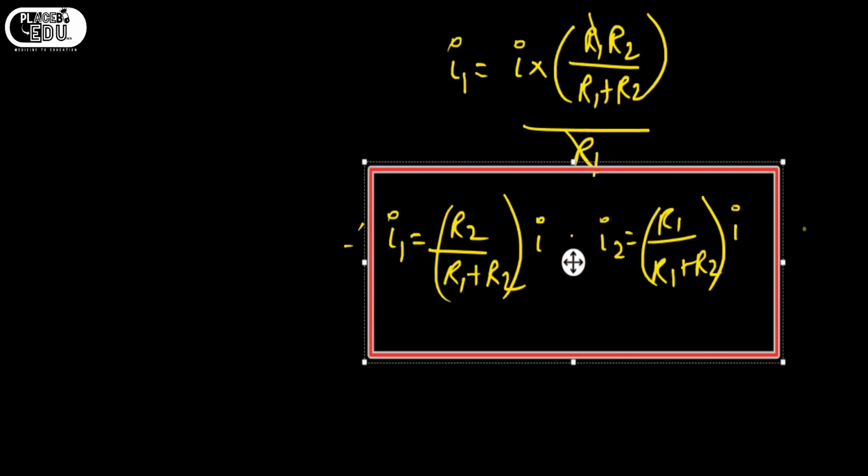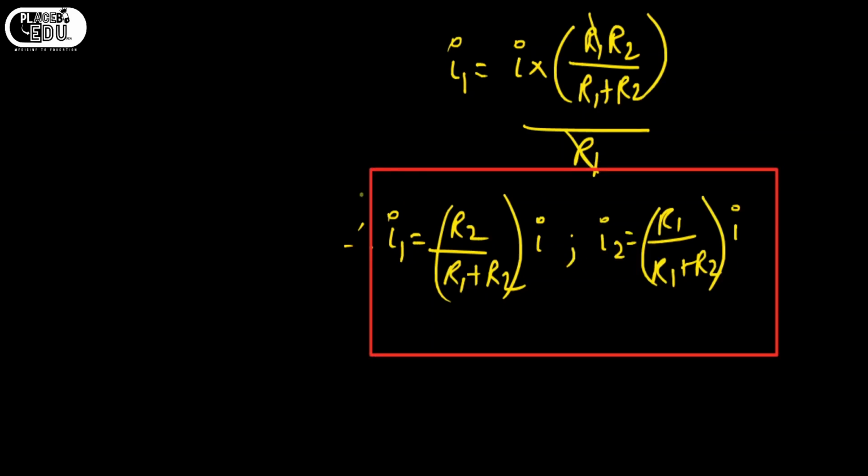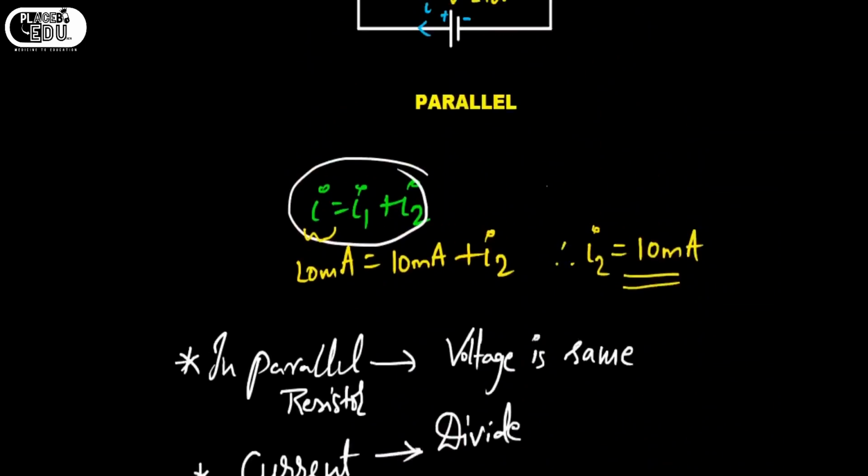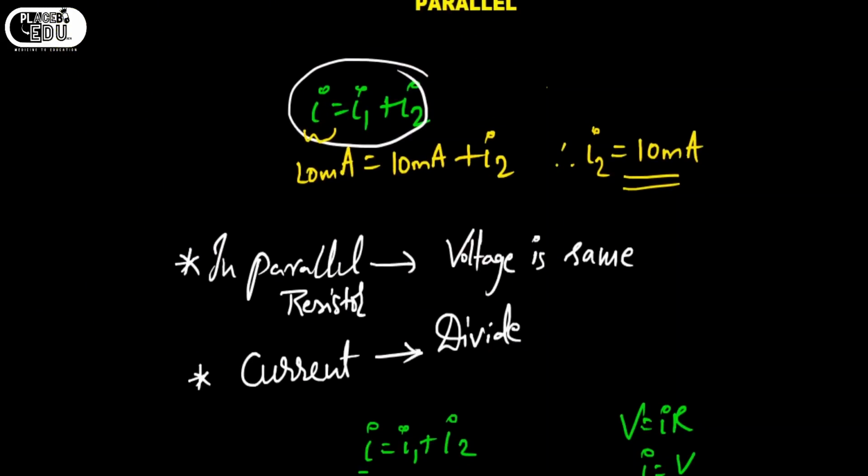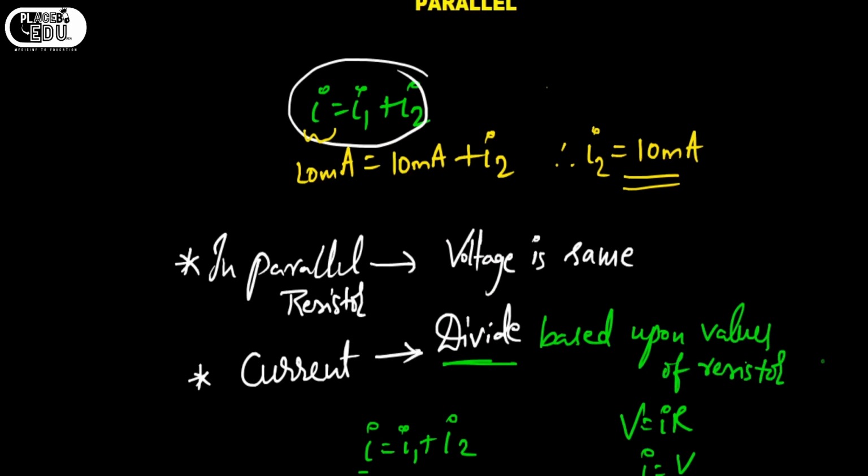Okay, so this is the basis on which the current is dividing. So current is purely depending upon the resistance. So in parallel combination, current will divide based upon the values of resistors. That's the conclusion.